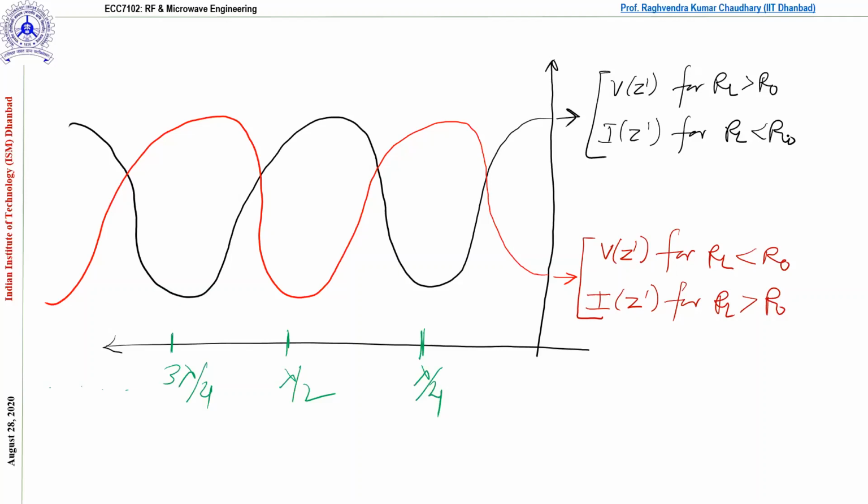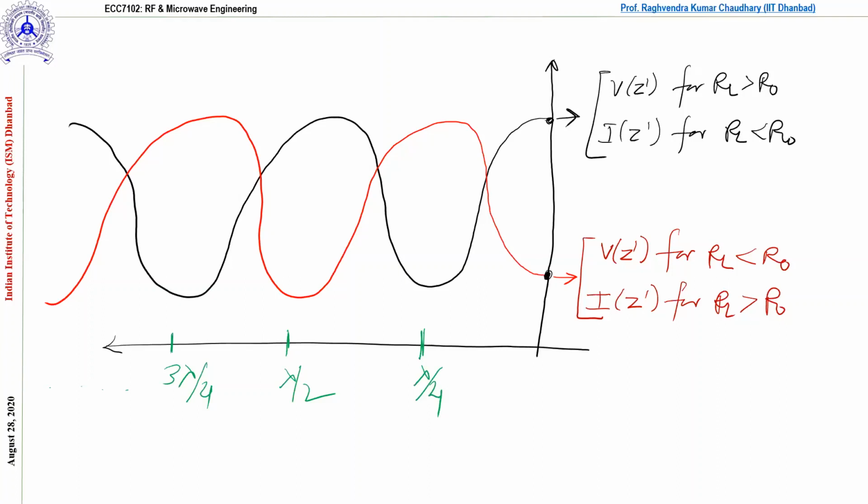In that case, you will be getting the first minima, correct, means voltage minima at this point. Fine. And Iz will be maximum at this point. So it will keep going on, correct?